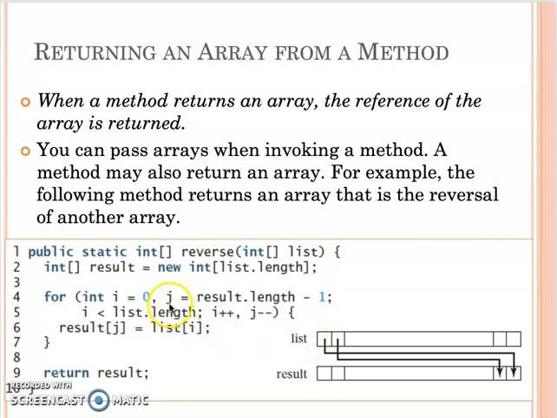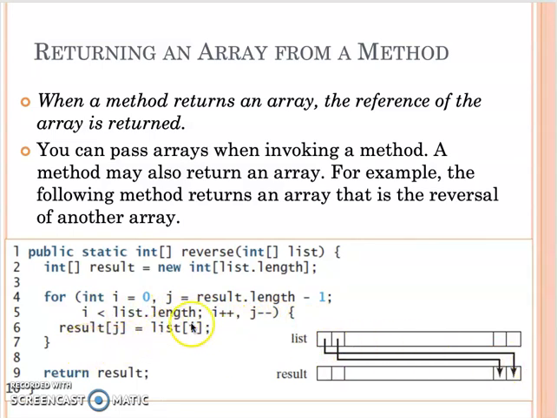Then we have another index for the result. This one doesn't start from the beginning, because the 0 element needs to be copied to the last position of the result. So j starts from the last one: j equals result.length, don't forget minus 1. Then each iteration we increment i but decrement j. That's why it can copy over one by one.